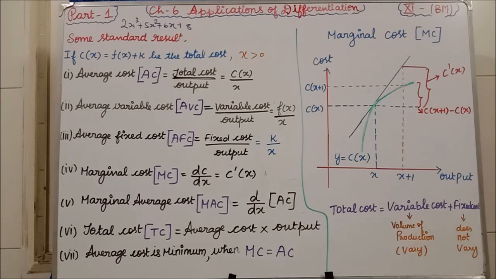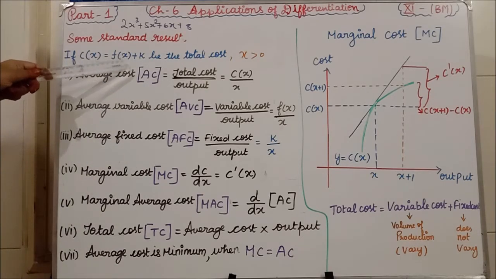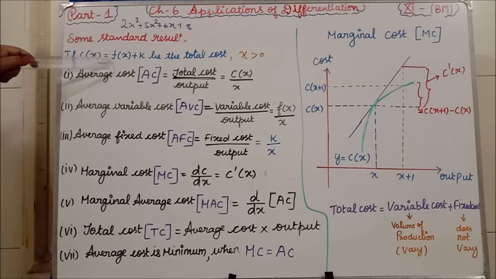So this total cost I have written here as C of x is equal to f of x plus k. Here f of x is the variable cost and k is the fixed cost. The variable cost varies according to the production, but the fixed cost never varies because it is a constant. Can you understand?